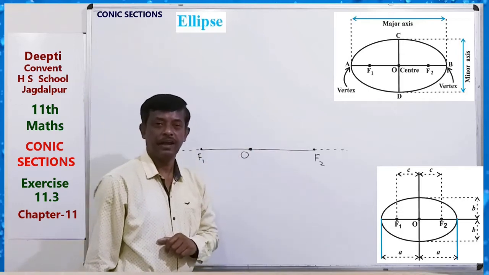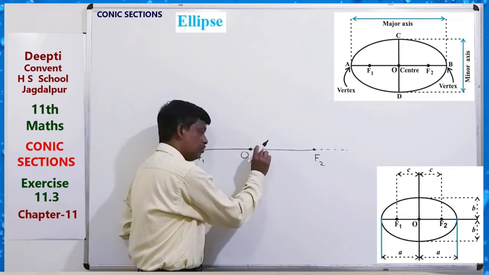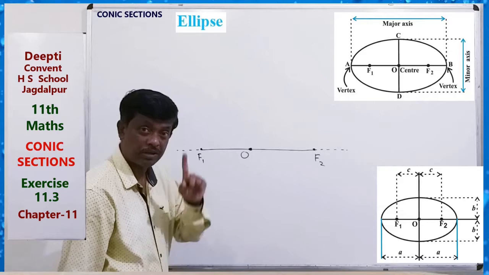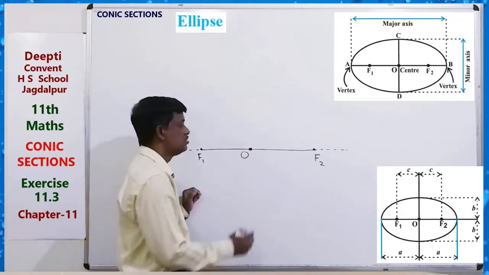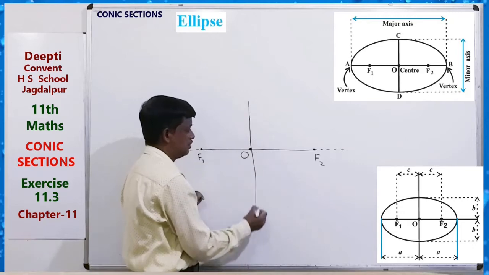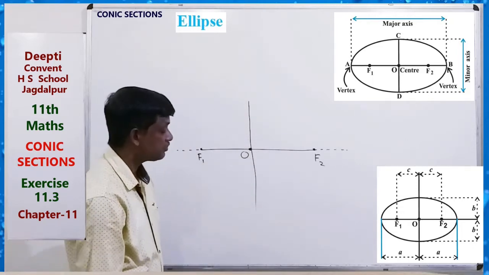And the line perpendicular to this major axis and passing through the center, this line is called the minor axis. Clear?